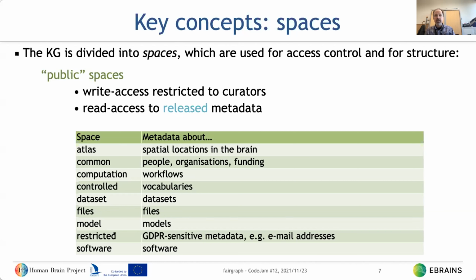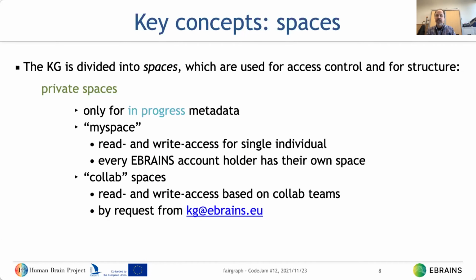So as well as these public spaces, there are also private spaces, which are really intended for this in-progress metadata. So this is essentially, again, answering for a second time Dennis's question. If you want to write data to the knowledge graph, you can do it in private spaces. So everyone gets a MySpace, that's the string you have to use.